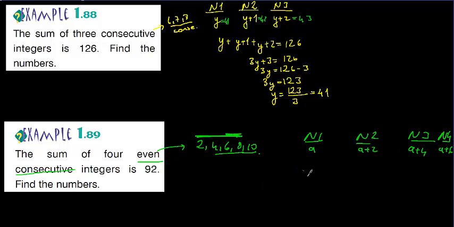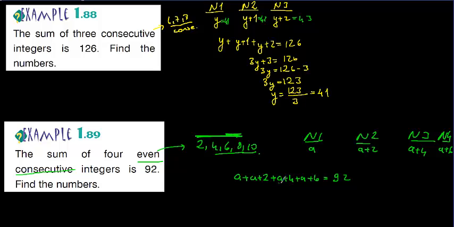And the second piece of information is that the sum of them is 92. So a plus a plus 2 plus a plus 4 plus a plus 6 is equal to 92.